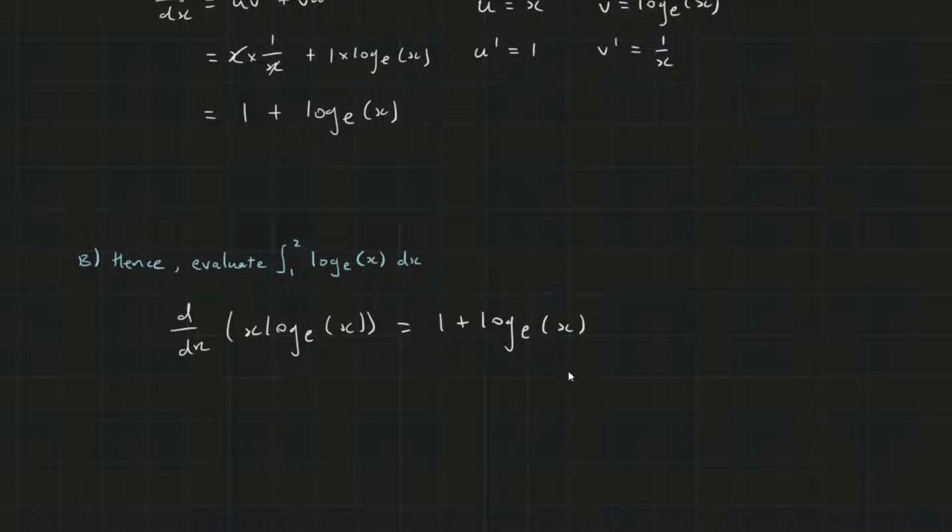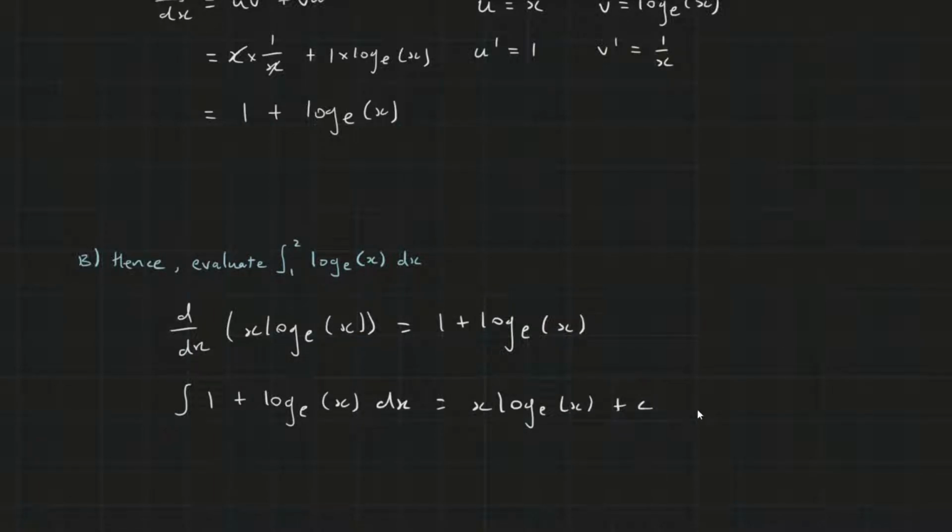What I just do is I swap around my two equations. So I can say the integral of 1 plus log e of x dx is equal to x log e of x plus c. Don't forget the plus c because we're integrating. All I've done in this situation is I've moved this to here and I've integrated it to get the original equation back like that. So that's from the previous part A.